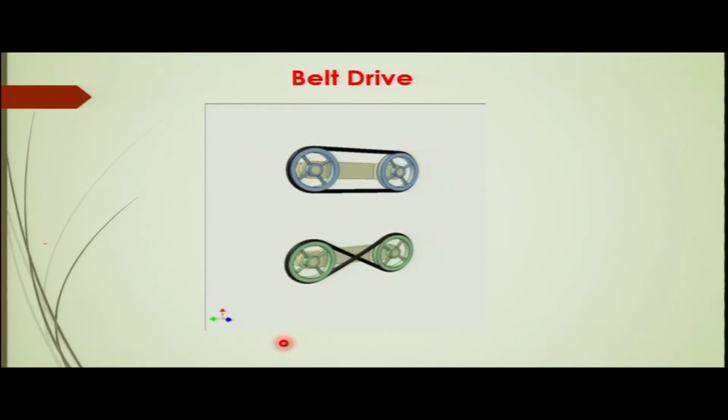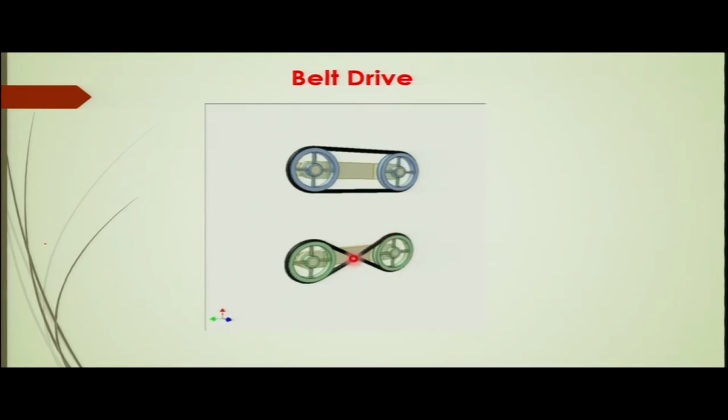Let us see how it can be done. As you can see now, the power is transmitted from this pulley to this pulley, and they are rotating in the same direction because it is a straight belt here.